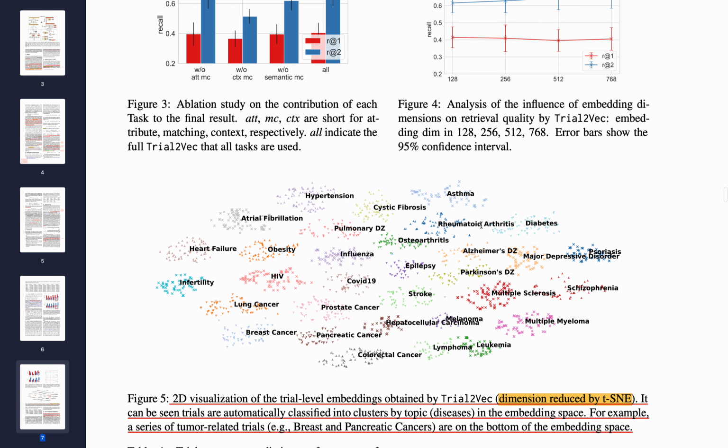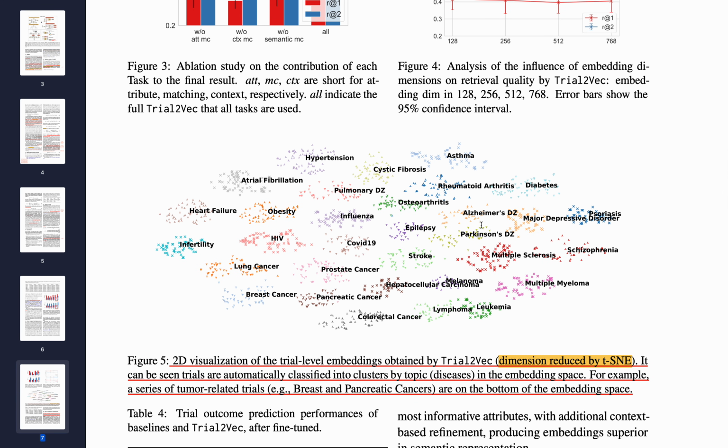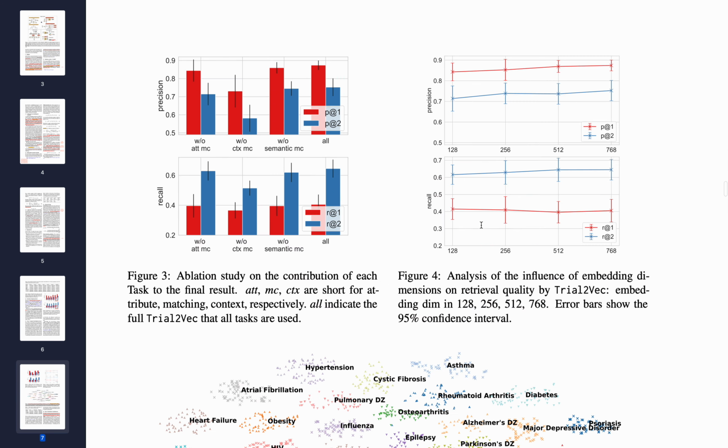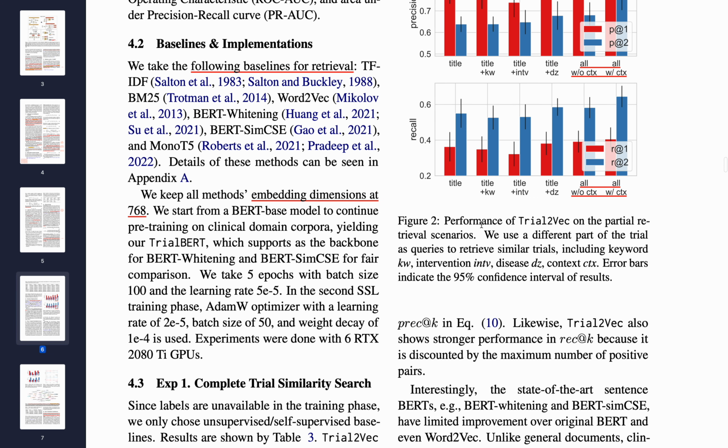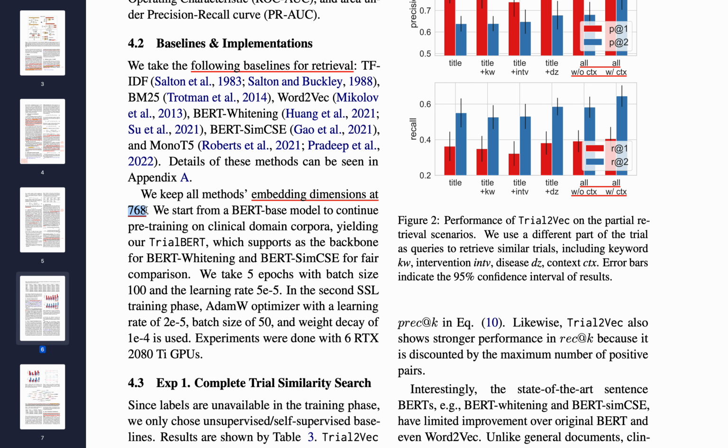All right, so this is an interesting analysis where they try to project those embeddings, which are, I believe, 768 dimension. So any embedding model would convert the given text input into a fixed length vector.